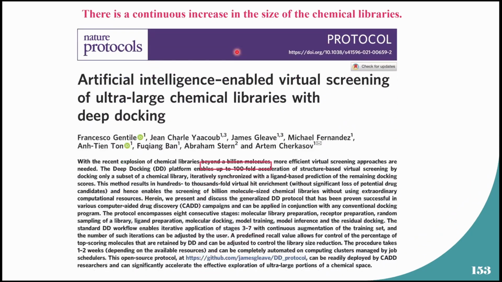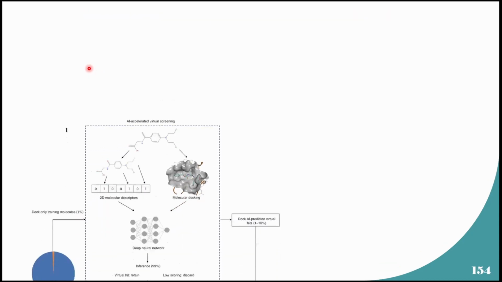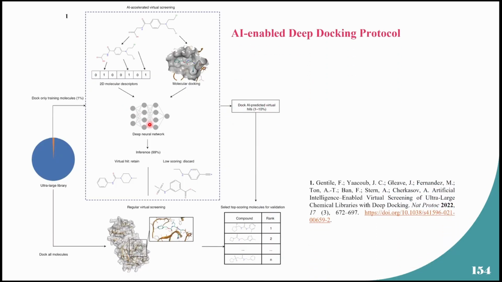And we briefly talked that instead of doing normal docking nowadays, if you want to screen from an ultra large, billion-scale library, you can use deep learning methods such as the deep docking approach that is defined here in this paper.